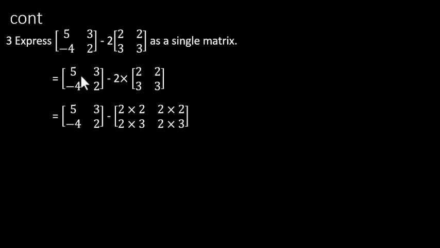So 2 multiplied by 2, 2 multiplied by 2, then 2 multiplied by 3, and 2 multiplied by 3. 2 multiplied by 2 is 4, again 4, and on the bottom side we have 6 and 6.